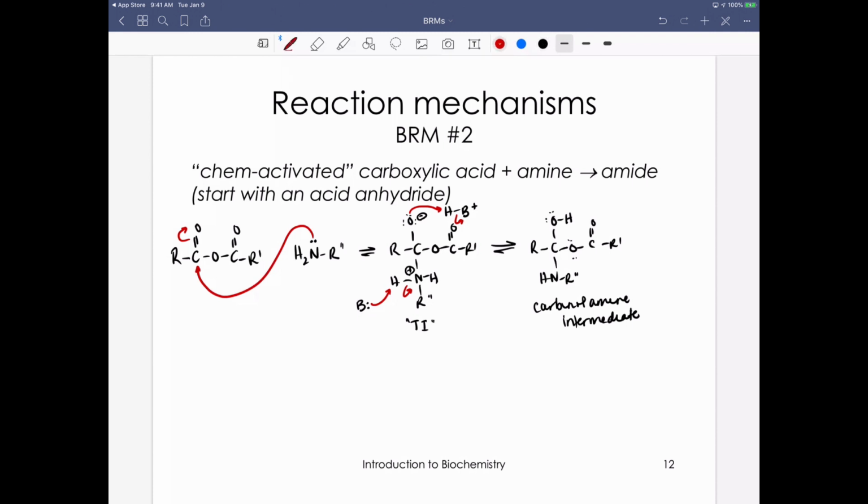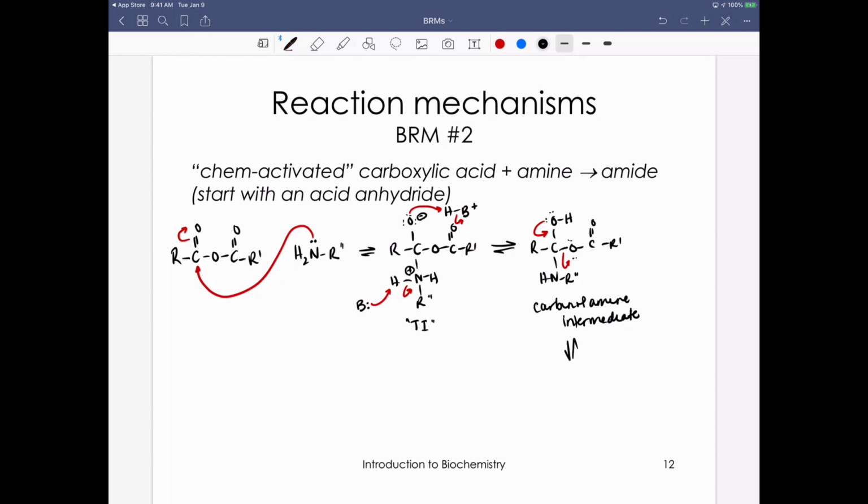Continuing with our mechanism here, we're going to see themes where we generate our tetrahedral intermediate and then we decompose our tetrahedral intermediate by moving those electrons back down to reform our pi bond. And you're going to break the sigma bond to the best leaving group, which is again going to be your weakest base. And because we deprotonated that protonated amine, now we've got a better leaving group in the carboxylate group.